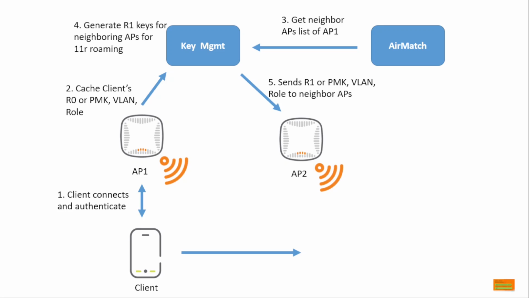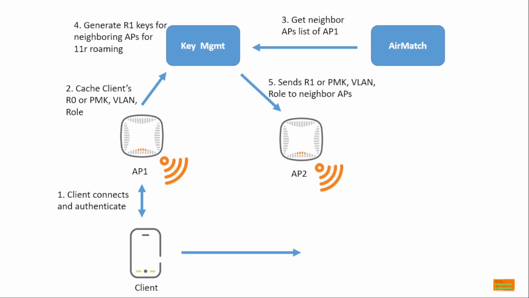And then the AirMatch service provides the list of neighbor APs of AP1 to the key management service. So the key management service will receive the list of AP1's neighbors.